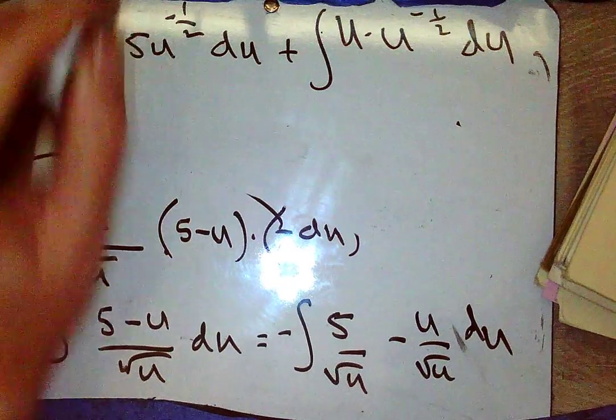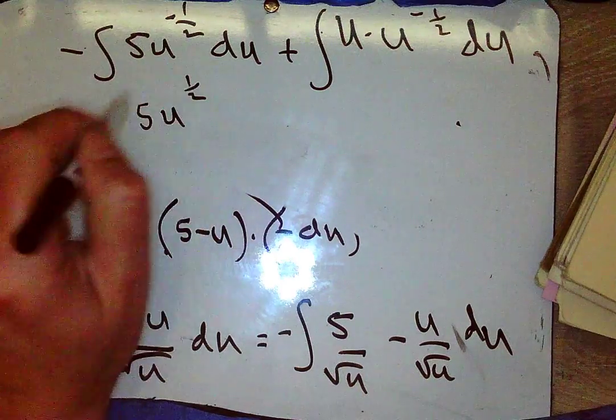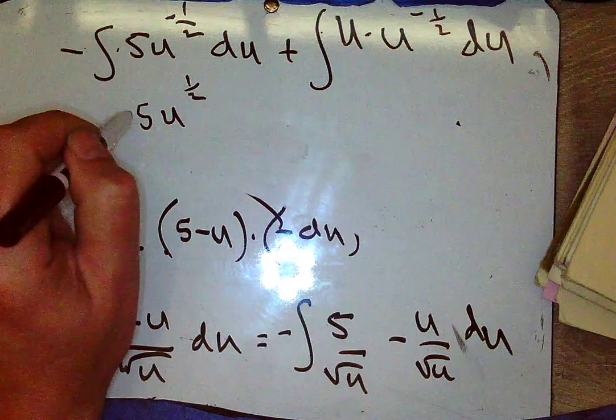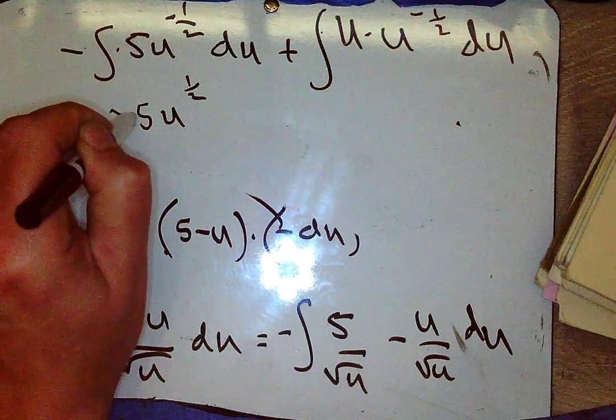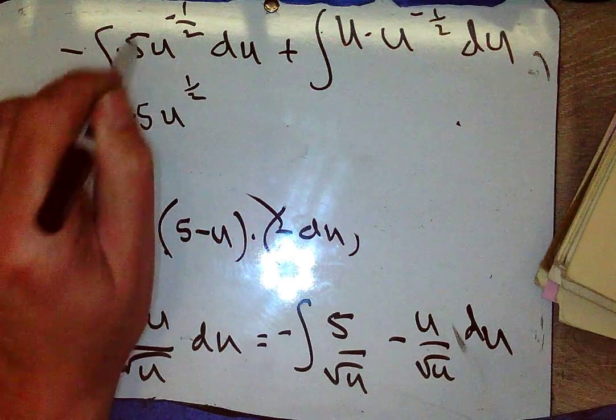So my antiderivative here, 5u to the 1/2. Oh, but when I bring down the 1/2, there's no 1/2 here, so there must be a times 2. So that 1/2 comes down, 2 and the 1/2 cancel, leaving me that 5.